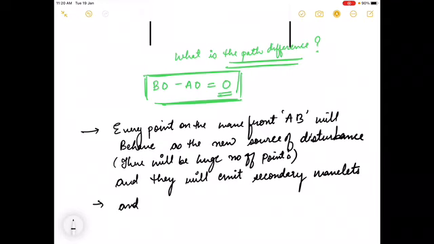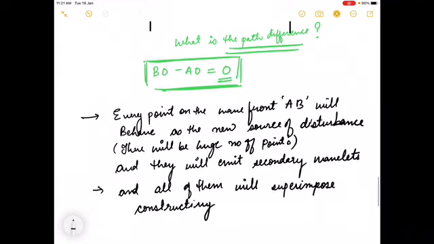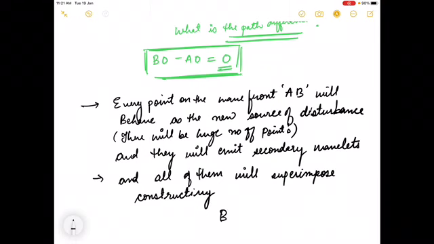And all of them will superimpose constructively, right? Now what does this mean, constructively? So basically we can see the difference BO minus AO is actually coming out to be 0.